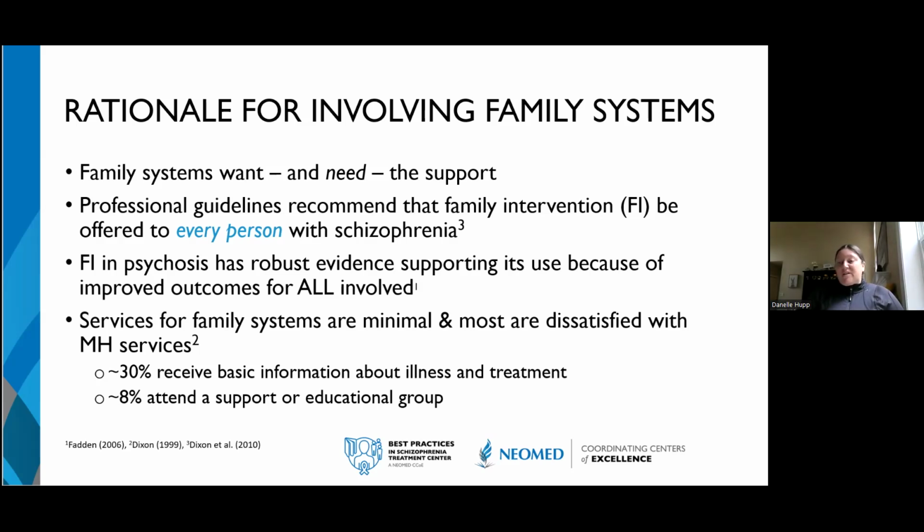Also, I think important to note is that outcomes are improved when family systems are involved, and they learn how to be appropriately supportive, and they gain the information needed to understand what is happening with their loved one, and how to communicate better with their loved one.